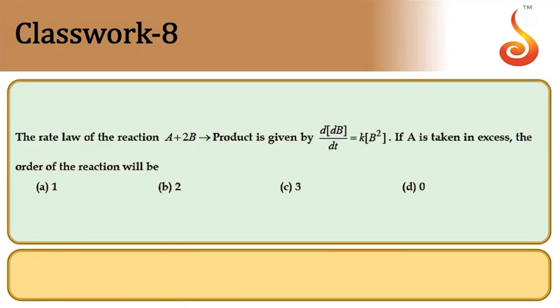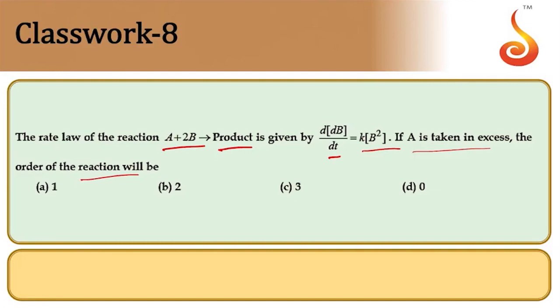Then, the rate law of a reaction A plus 2B giving rise to products is dB by dt equal to K into B square. If A is taken in excess, then the order of reaction will be, the rate will be independent of the concentration of the reactant taken in excess.